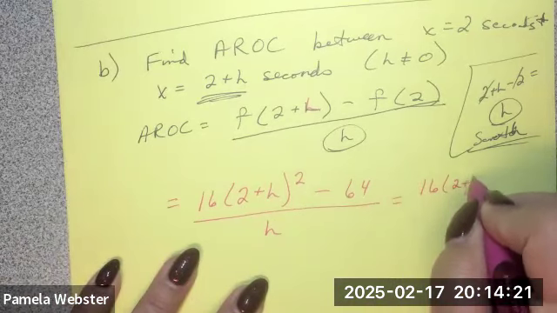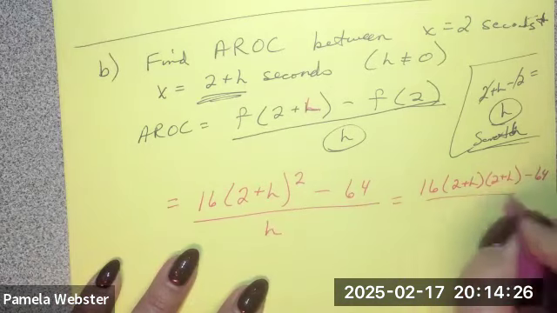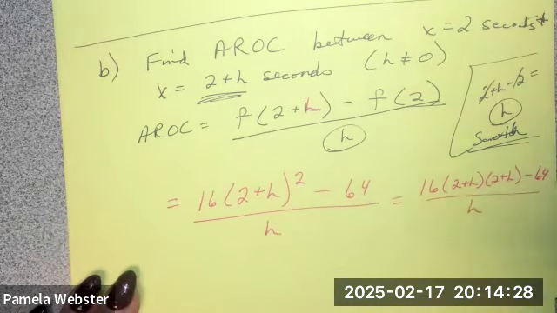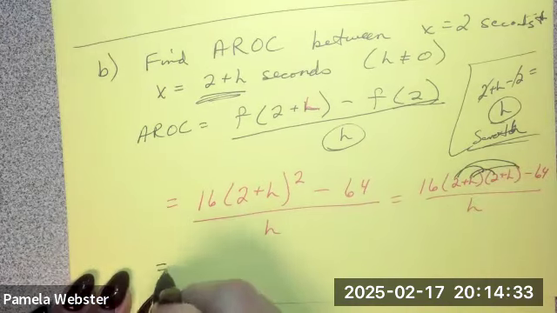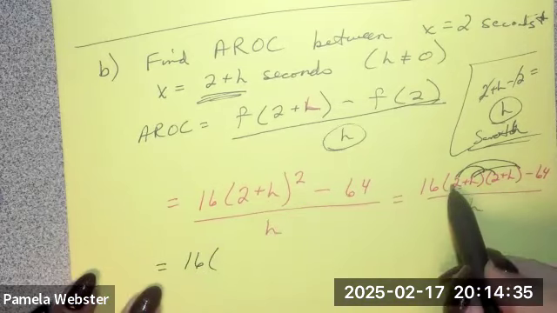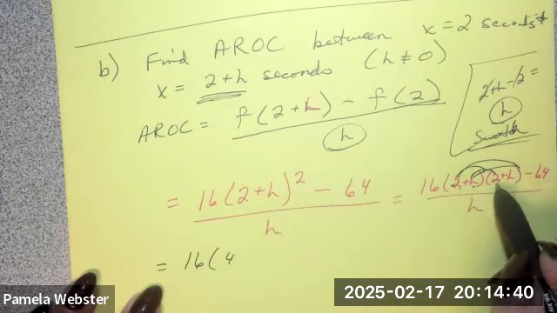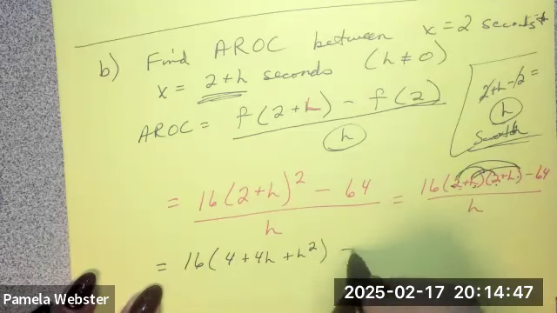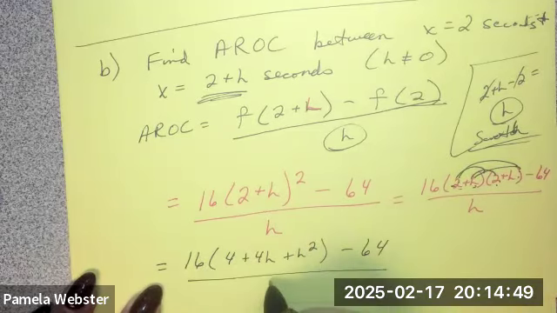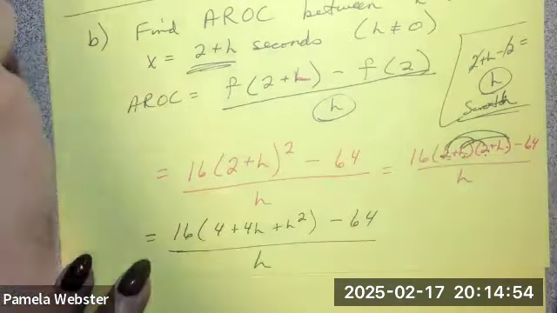16 times 2 plus h times 2 plus h. Okay, if you don't remember, we're going to FOIL this guy out. 2 times 2 is 4, plus a 2h plus a 2h is going to be plus 4h's, and then plus h squared. Okay, and then I need to distribute that guy, right?